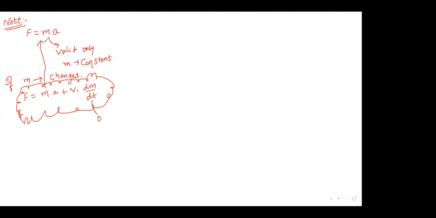So if the mass is variable, then the formula for the force is given by m into a plus v into dm by dt. Usually we are going to use this only in MCQs, not for your board exams. So what is the formula for the force, students? Mass into acceleration. Okay.